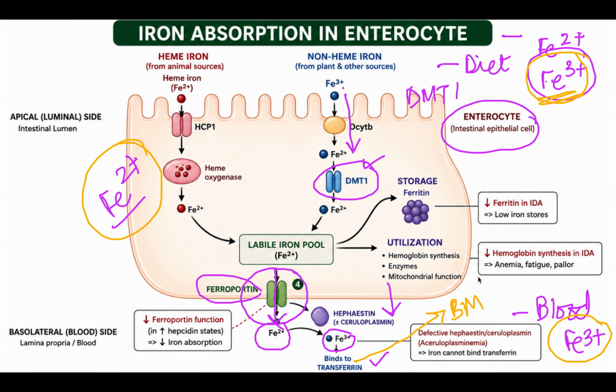It will convert itself with the help of gastric acids and enter the enterocyte with the help of DMT1. It will go out of the enterocyte with the help of ferroportin, and when the iron comes out, it again converts itself into the ferric form, binds to transferrin, and then it can be put to use. This is the main iron metabolism.